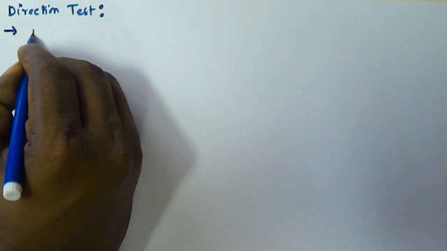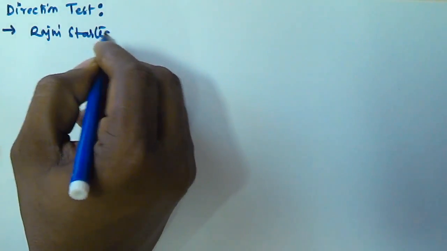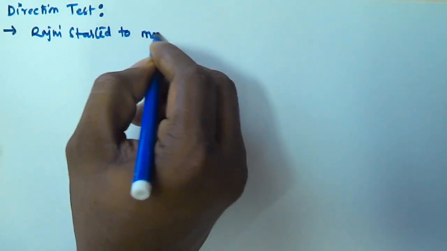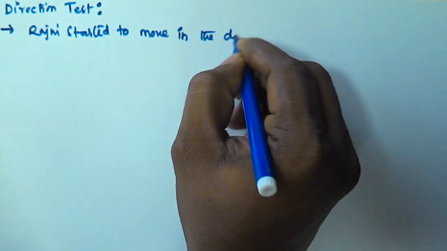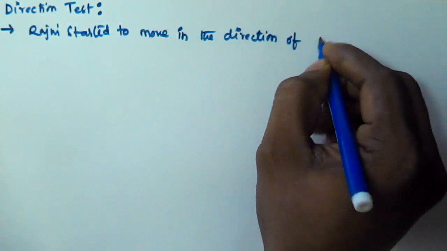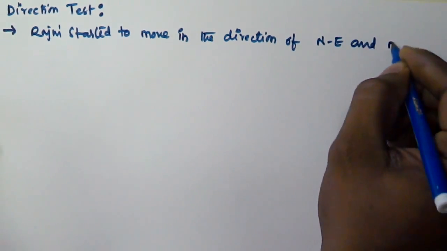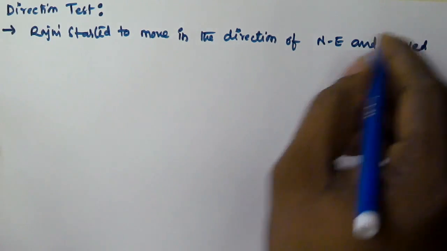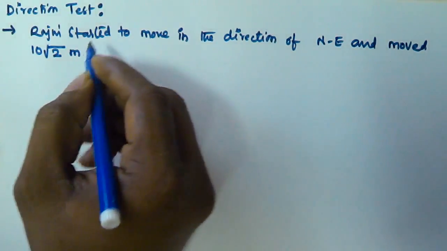Okay, so the first problem is: Rajni started to move in the direction of northeast and moved 10 root 2 meters.